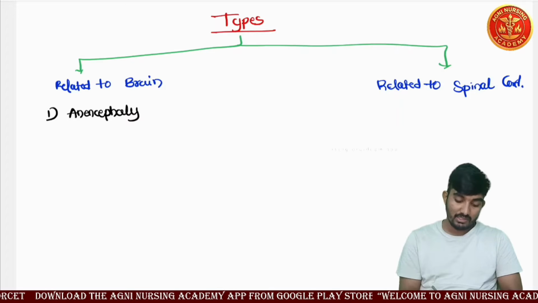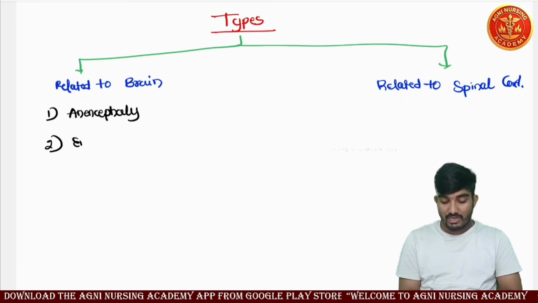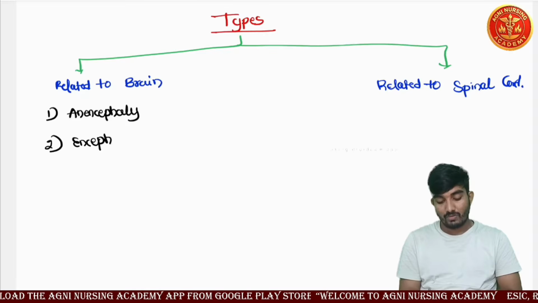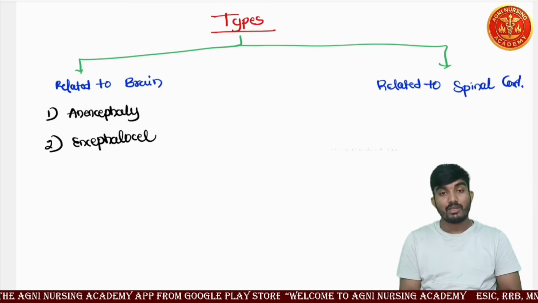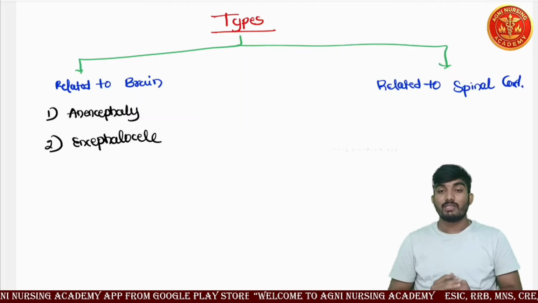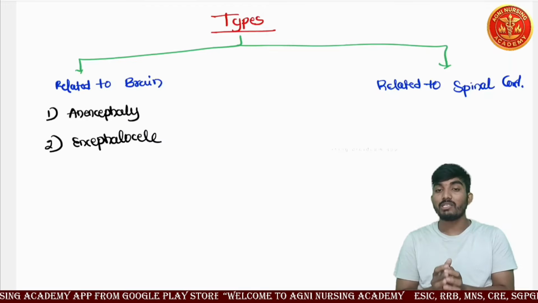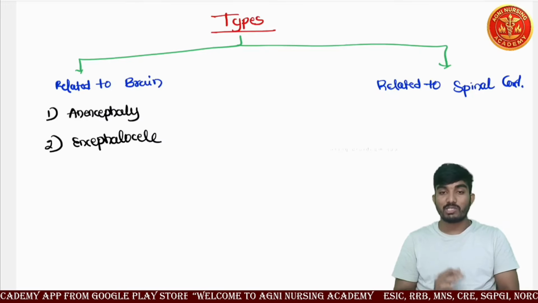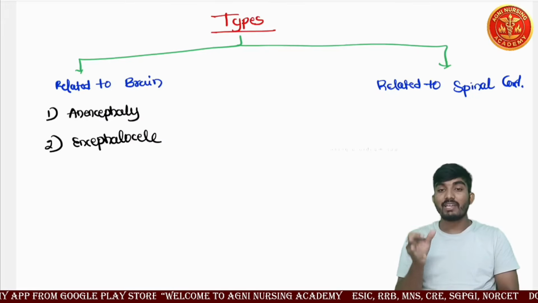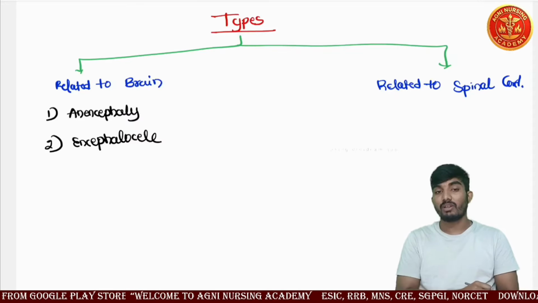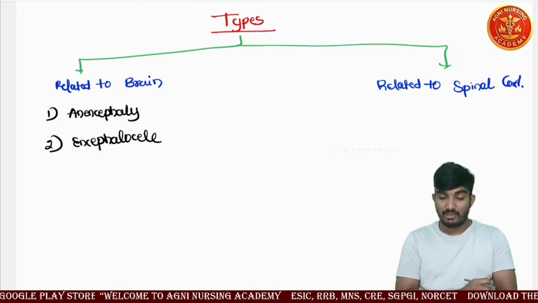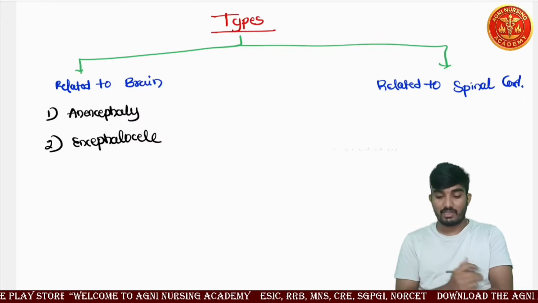And the second one is encephalocele. Encephalocele means there is a protrusion of some parts of the brain, especially in the occipital region, and a sac-like structure forms. That is called encephalocele. I will show the image in the next slide.